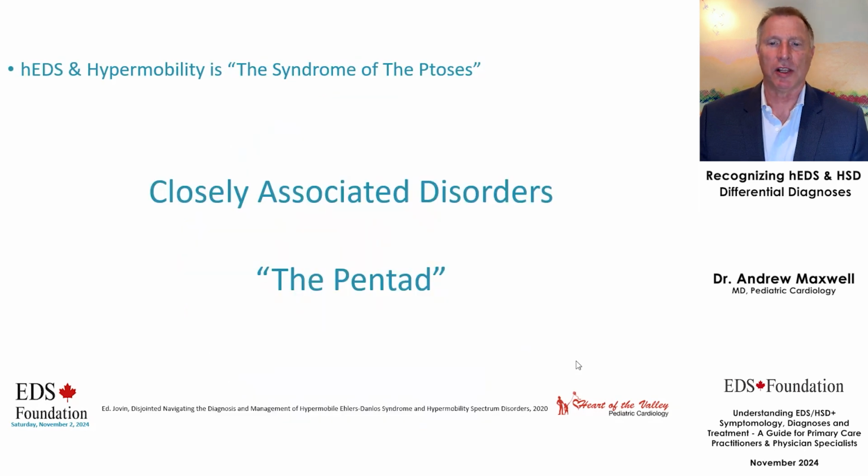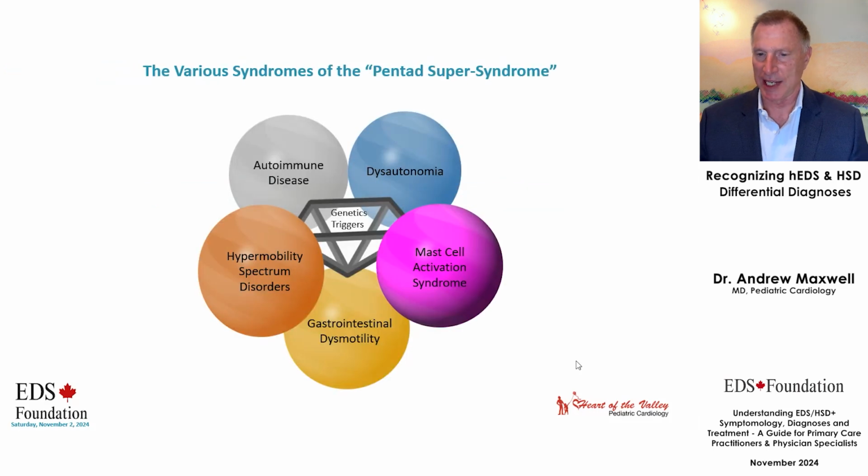Okay, what are the closely associated disorders we've been talking about? These are what I term the pentad. Basically we've got the hypermobility spectrum disorders, but closely associated to that are dysautonomias of various type, including POTS, and mast cell activation syndrome, very common in hypermobility spectrum disorders.